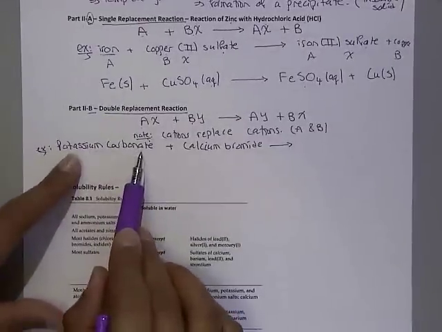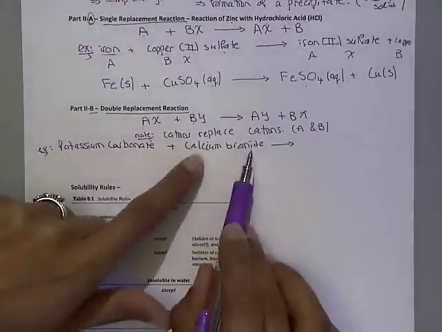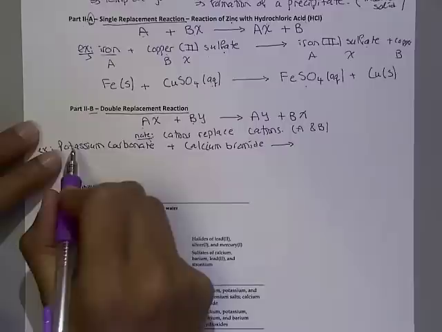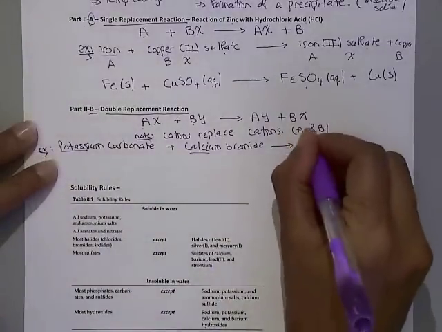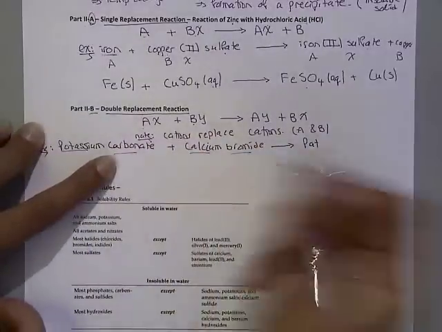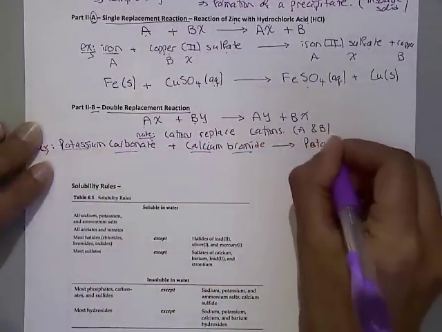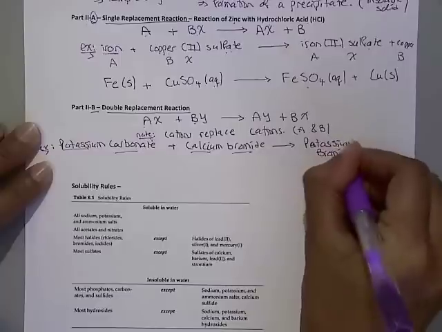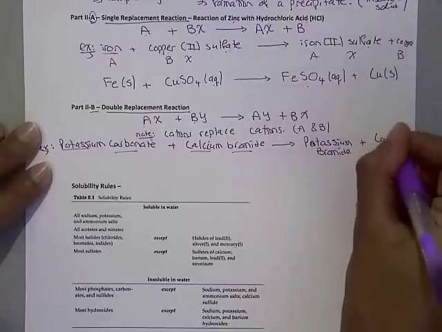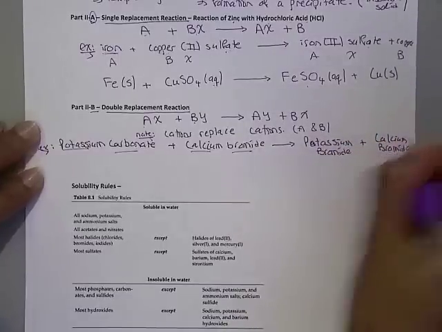I know it's a double replacement reaction because I have two and two, so they're going to swap with each other. My cation will swap with my cation, and my anion will swap with my anion. So I get potassium bromide plus calcium carbonate.